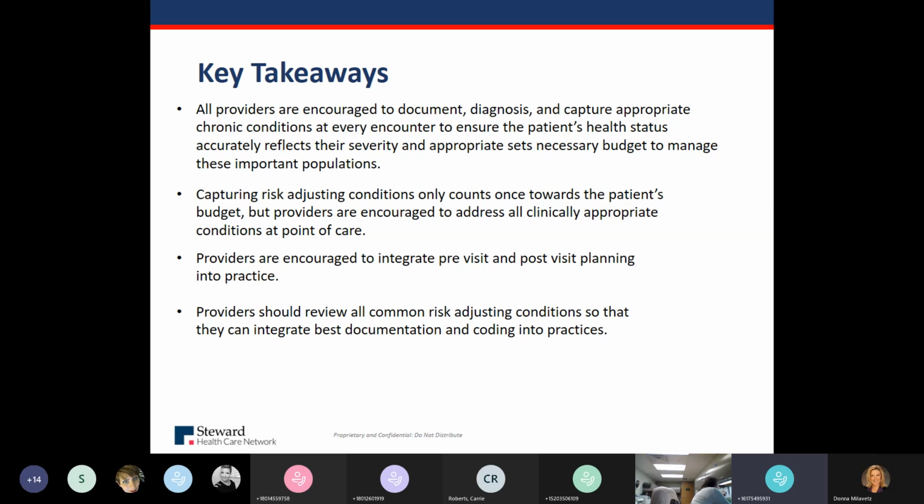A provider could just say, atrial fibrillation being monitored by cardiologists, on whatever medication they are on for that AFib. That's certainly enough to say that they're being monitored by another physician. They have an appointment with the cardiologist next month. That's enough to support conditions that they may not be treating themselves.